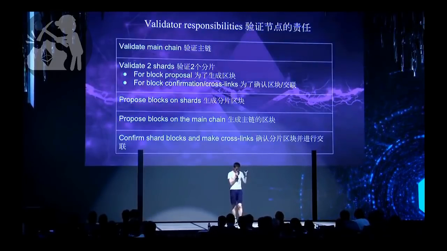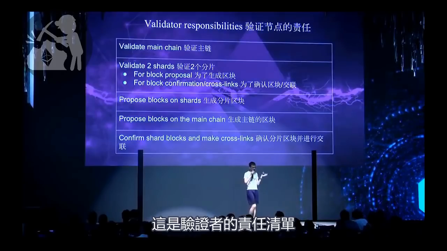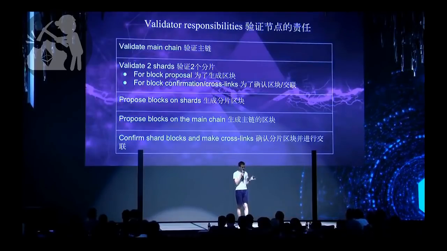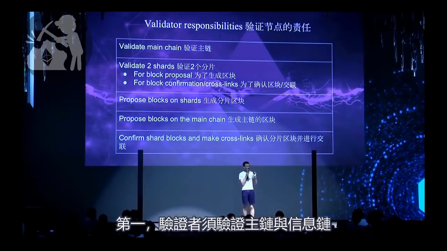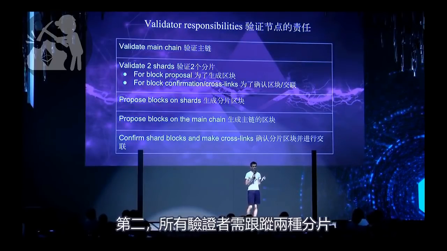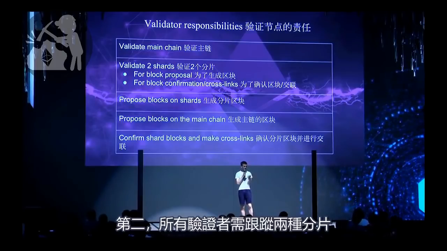So this is the full list of validator responsibilities. Number one, validate, as in verify the main chain, verify the beacon chain. Number two, every validator slot is validating 2 shards.